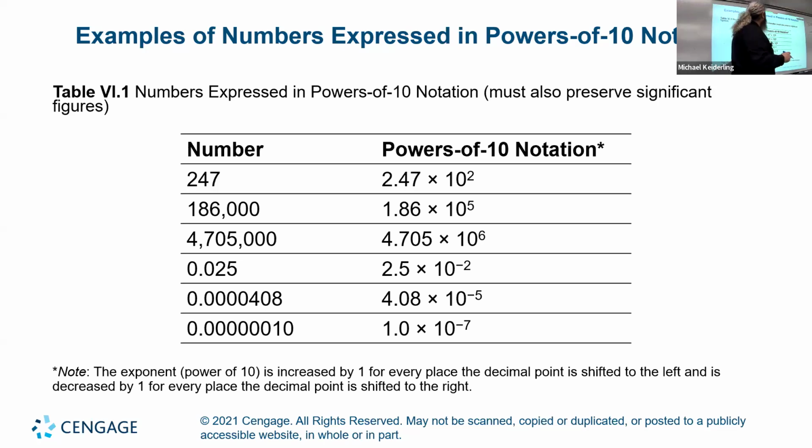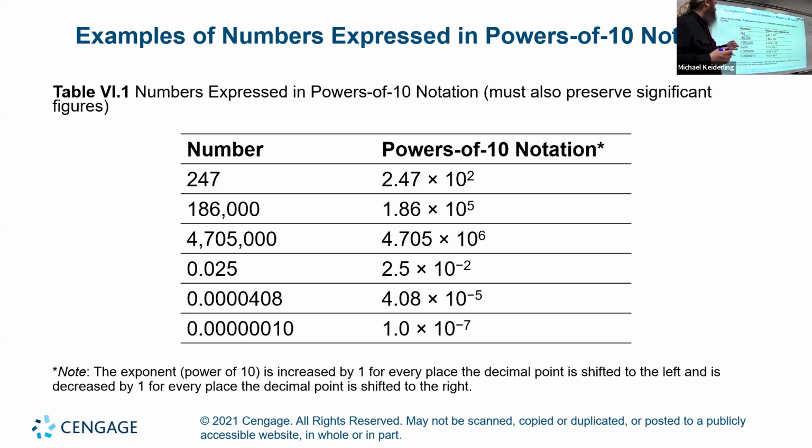So we write this as 1.86, all the significant digits, times 10 to the 5th, because I moved 5 places to the left. Here, I'm going to go 1, 2, 3, 4, 5, 6 places to the left. So I have 4.705 times 10 to the 6th power.